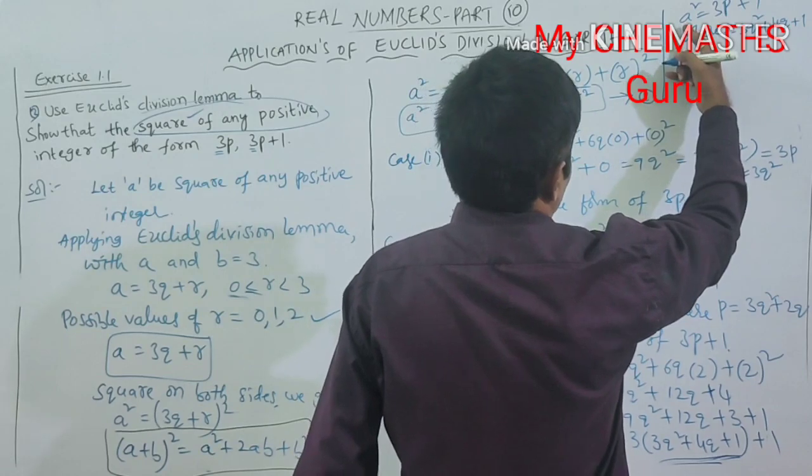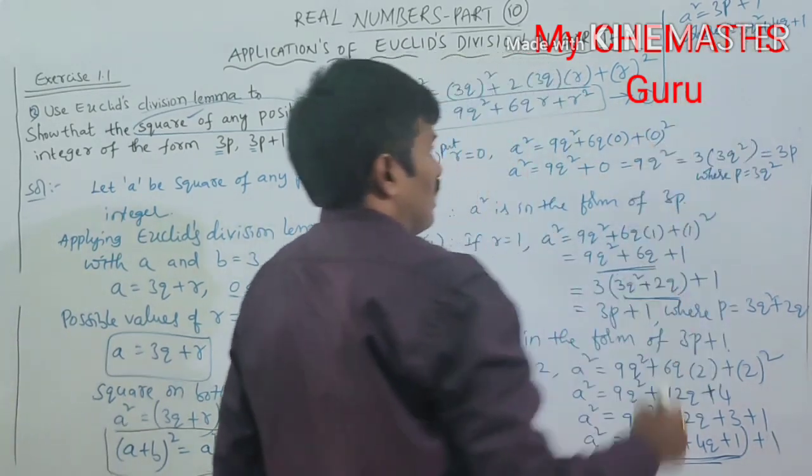In this case also, the general form of a² is 3p + 1.